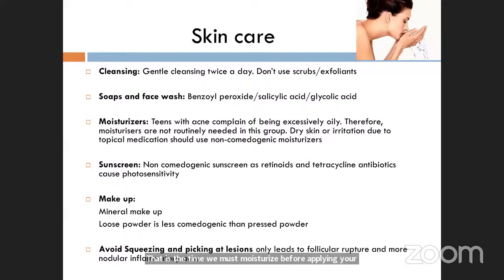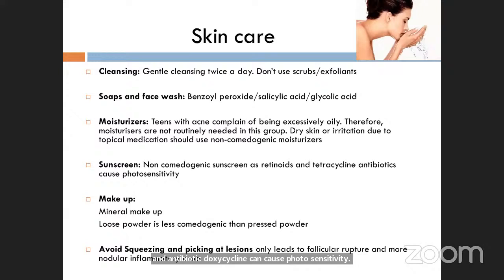Next, the role of sunscreen. Absolutely not necessary for our skin type. We are not cancer forming skin mostly. So, how do sunscreens play a role in a patient of acne? The topical retinoids can cause photosensitivity, and even your tetracycline antibiotic, doxycycline, can cause photosensitivity.